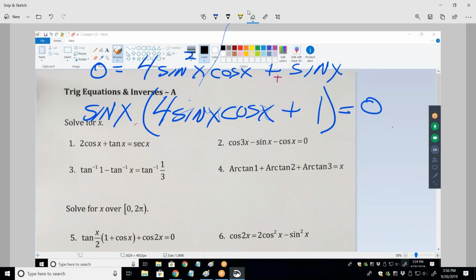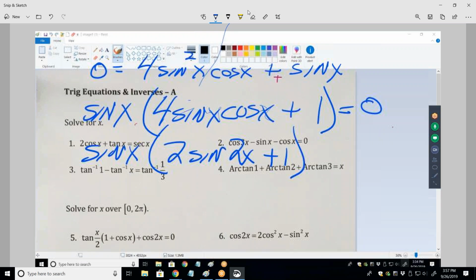So I don't think it is. Right, sine 2x is 2 sine cosine. Good thinking. So this right here is 2 sine of 2x. So we've got sine of x times 2 sine of 2x plus 1 equals 0. Now we're ready to solve it.